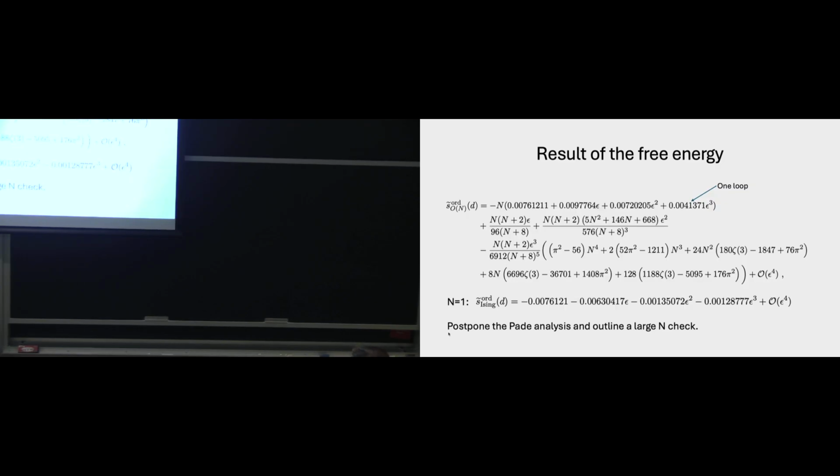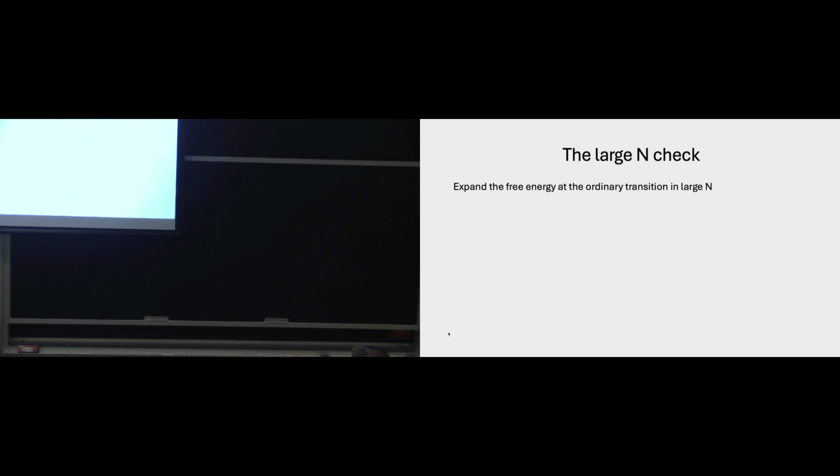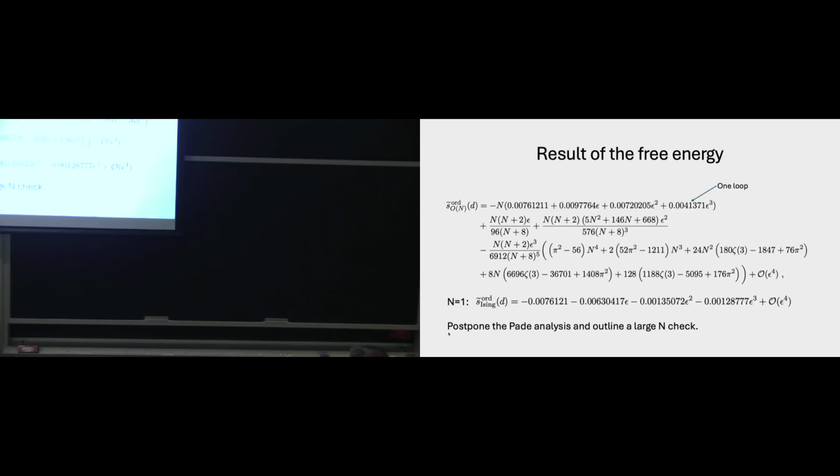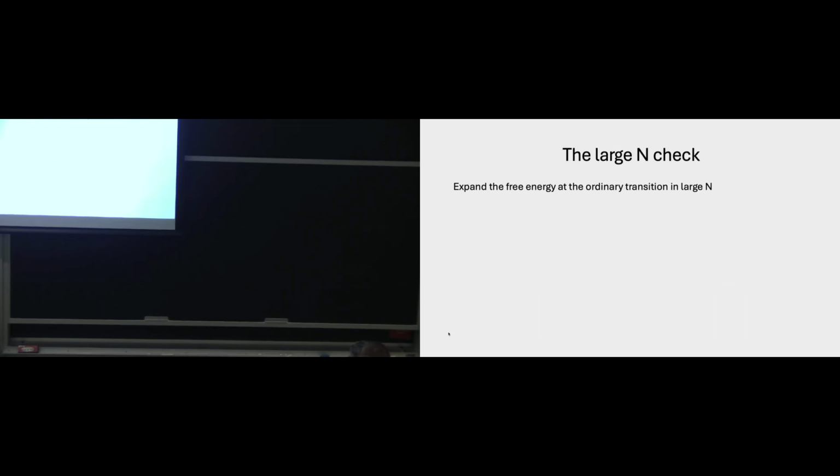How does it work? This is the expression for S tilde, but we know S tilde is just F on hyperbolic space minus F on the sphere, and the sphere result is known and has been checked. So we just need to check the AdS free energy, and we expand the epsilon expansion result in 1/n for large n.